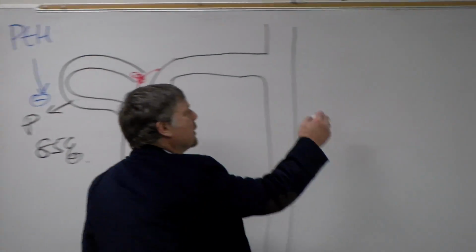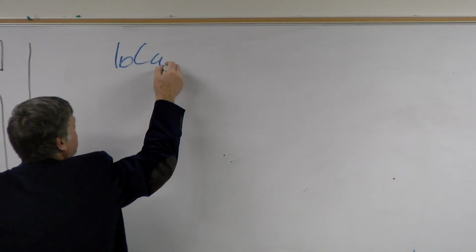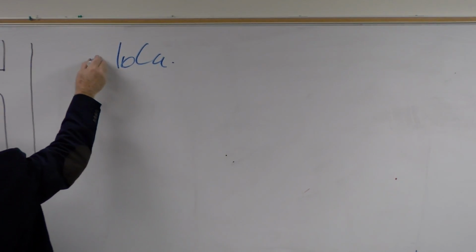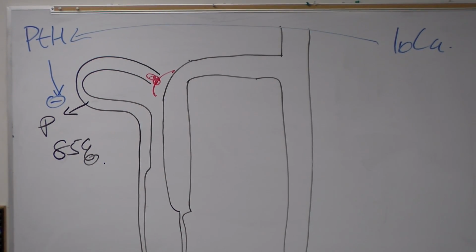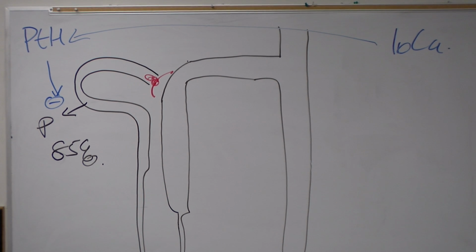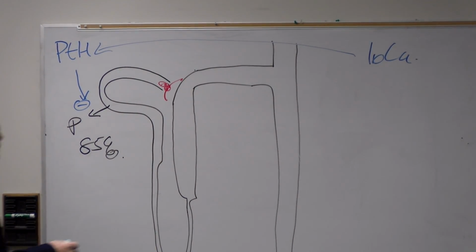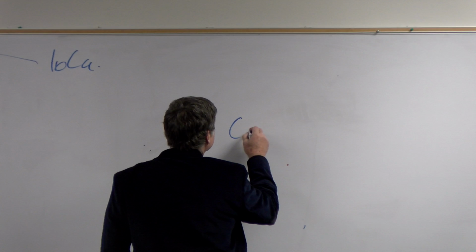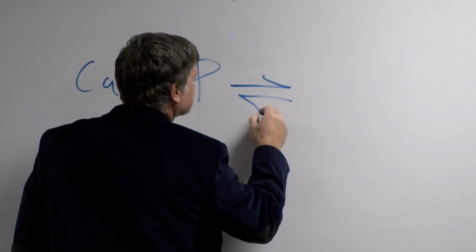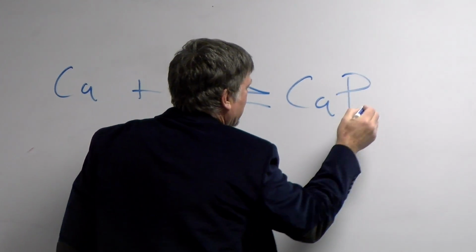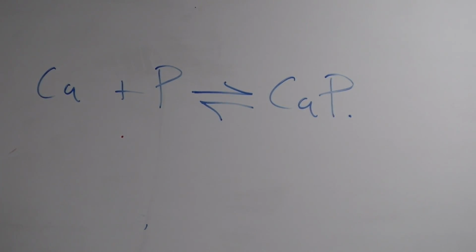So, what stimulates parathyroid hormone? Low calcium. And you're thinking, okay, why would that be significant? And I'm not writing in valencies.